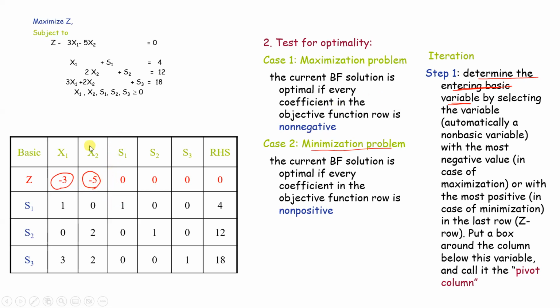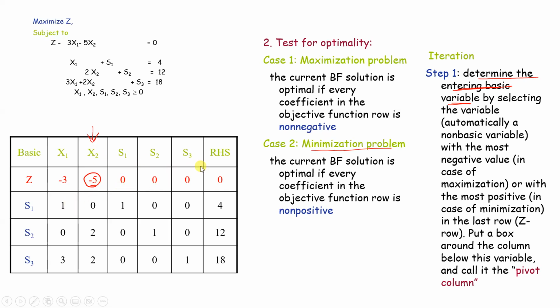So we have to make one of these non-basic variables a basic variable. To determine the entering basic variable, it would be the non-basic variable with the most negative coefficient. In this case that is x2, because -5 is more negative than -3. So this is the entering variable, and it will enter as a basic variable.